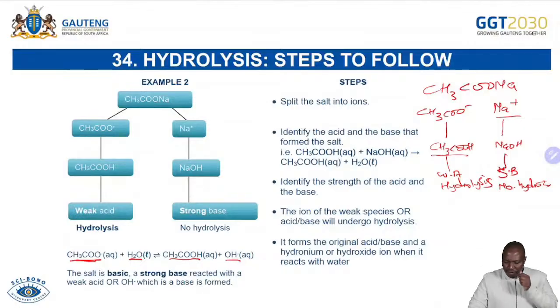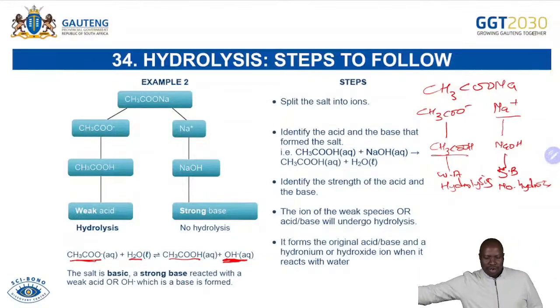Now, very important here for you to say this salt will be basic. Why? Because it forms hydroxide ion. So the reaction of a salt with water that forms hydroxide ion shows that the salt is basic.